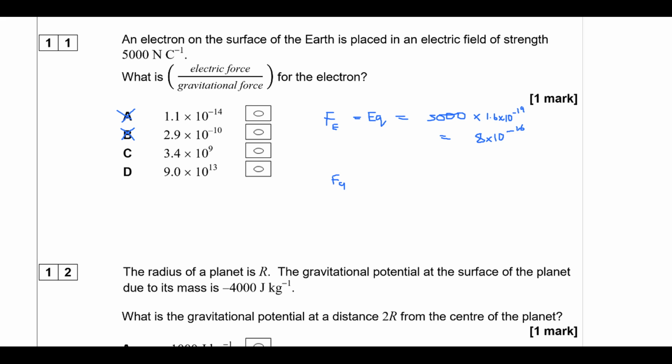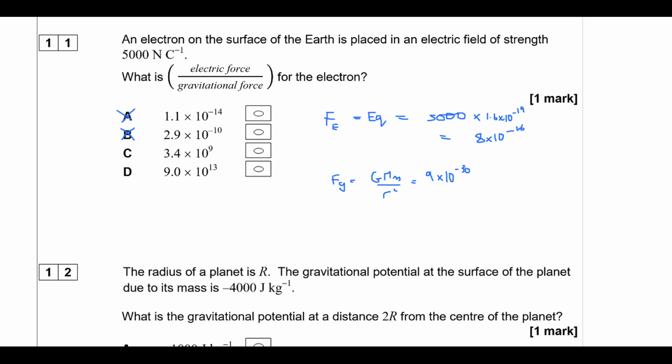The force of gravity is going to be G M m over r squared. So we're going to do 6.67 times 10 to the minus 11, that's G, times 6 times 10 to the 24, that's the mass of the Earth, times 9.11 times 10 to the power of minus 31, that's the mass of an electron, divided by 6.37 times 10 to the 6 squared, and you get 9 times 10 to the minus 30.